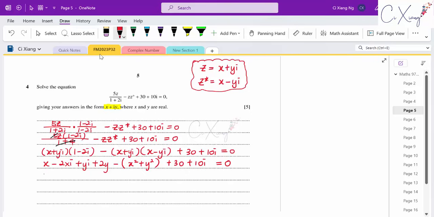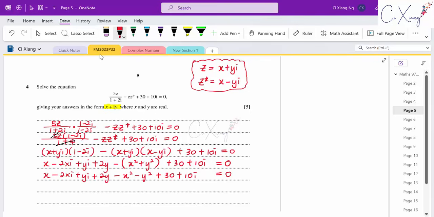Maybe now what I want to do is group all the real parts together and all the imaginary parts together. So let me expand it first. If I group all the real parts together, I have x, 2y, minus x squared, minus y squared, plus 30.